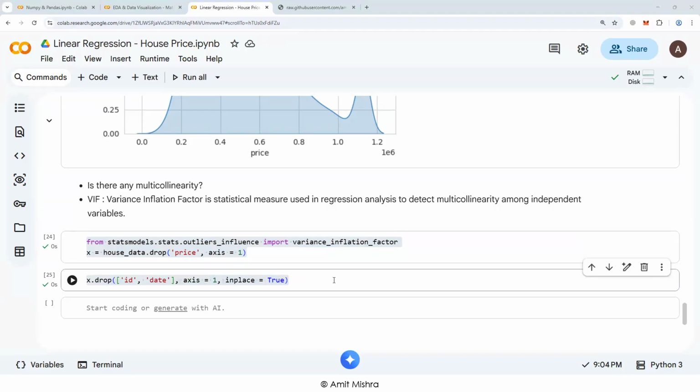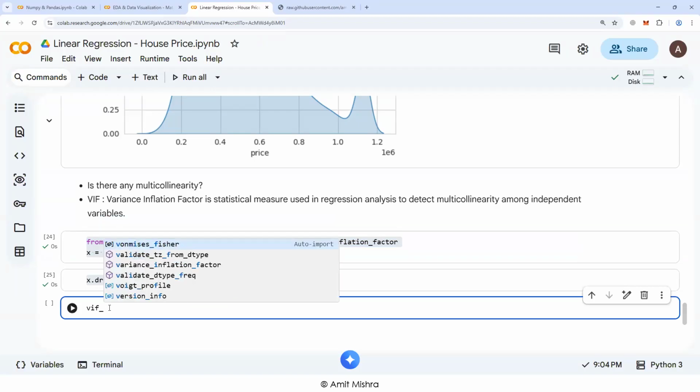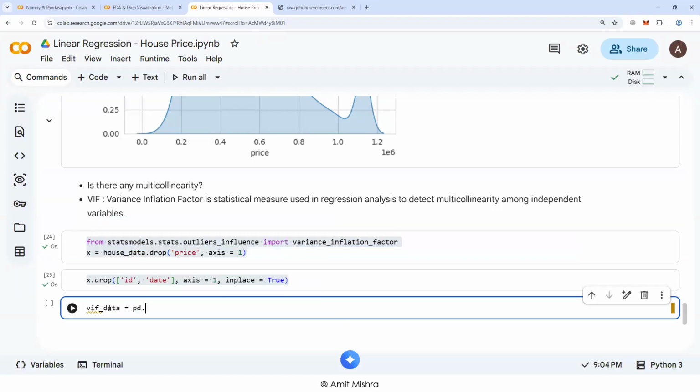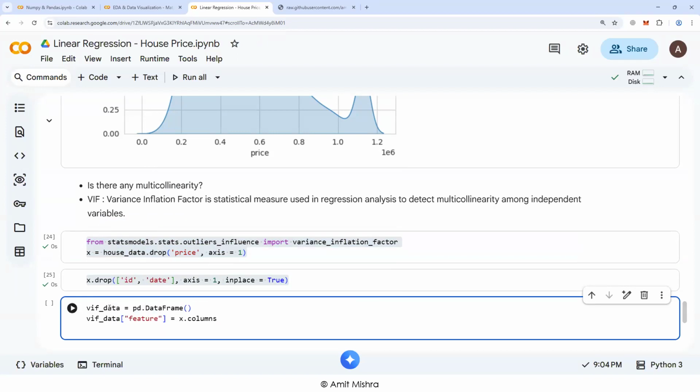Now let's get the VIF value. Let's calculate it for all the columns. We take a feature value with X.columns. We got a VIF value.